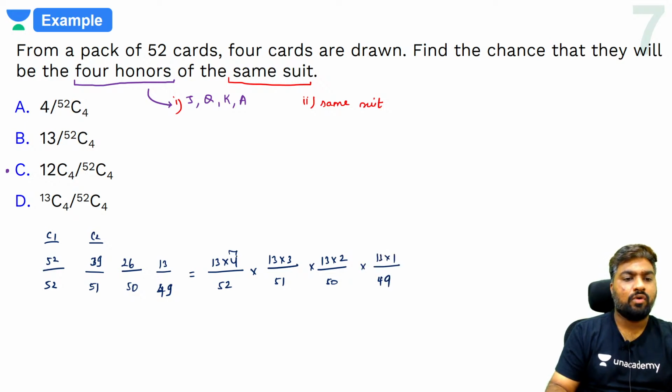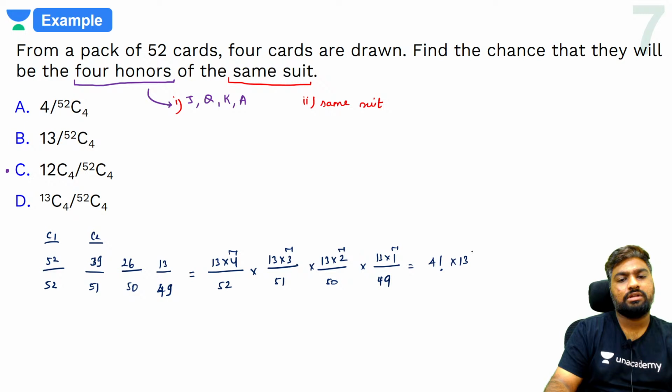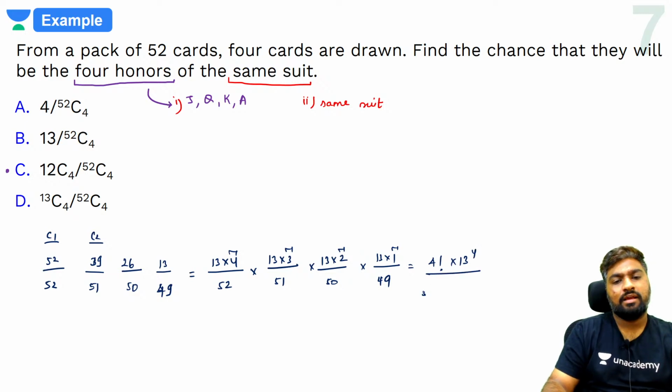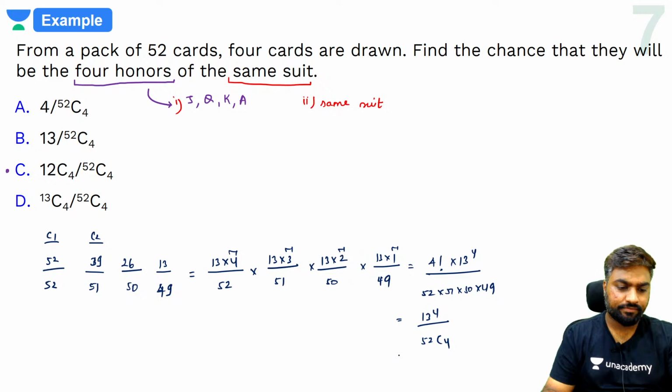If you take 4 into 3 into 2 into 1 outside common, it's basically 4 factorial into 13 to the power 4 by 52 into 51 into 50 into 49. Same logic, which is 13 power 4 by 52C4. Yes. Correct, Prince. Janvi, correct.